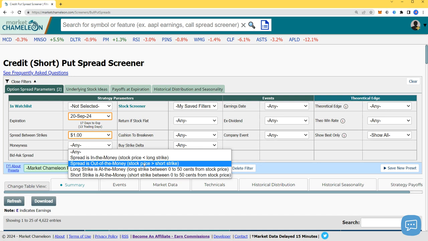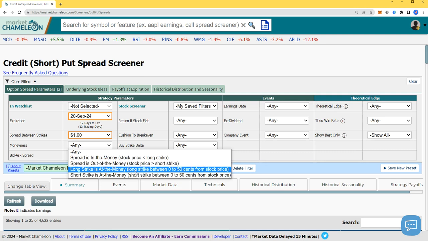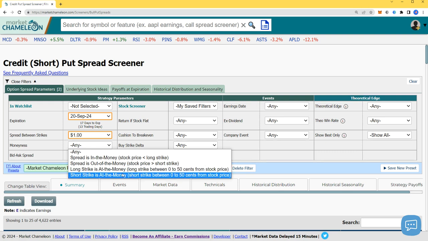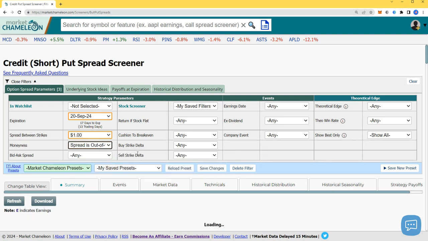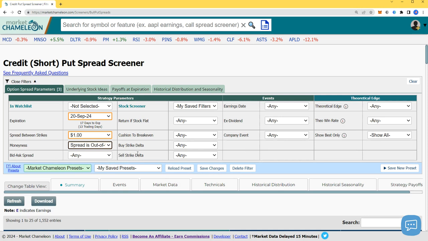So the spread is out of the money. This is what I'm going to pick, but we're going to look at the other stuff. The long strike at the money, and the short strike at the money, I don't like at the money. I like out of the money. You collect less income, but you have free options to win. As I said at the beginning, if the stock goes up, stays the same, or goes down a little until your put spread level.